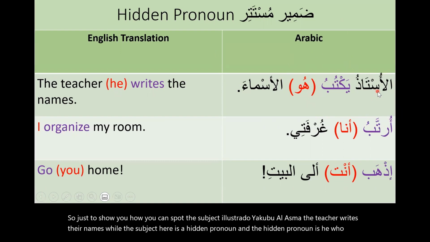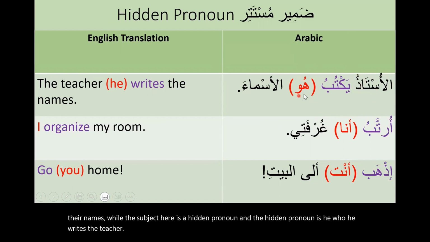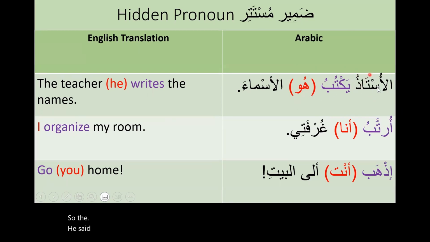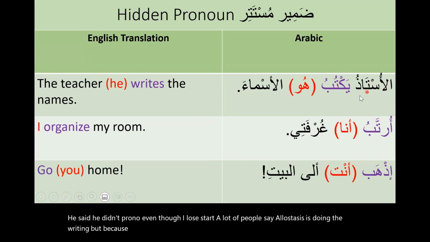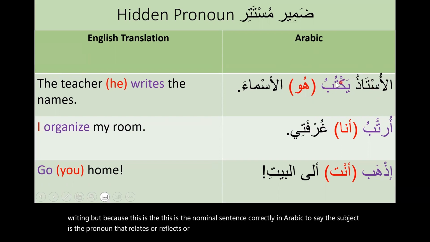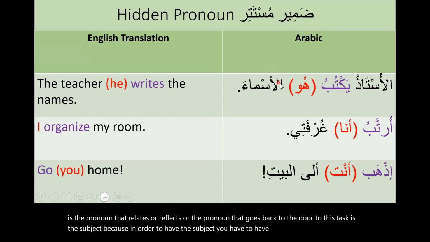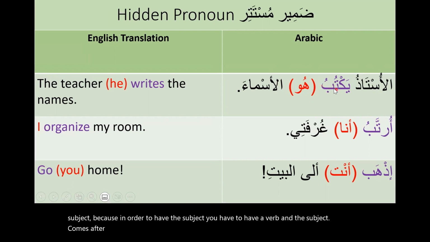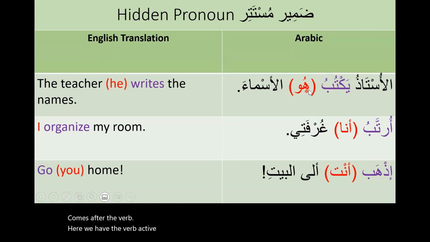He writes, the teacher. So the he is a hidden pronoun, even though a lot of people say al-ustad is doing the writing, but because this is the nominal sentence, correctly in Arabic we say the subject is the pronoun that goes back to the doer, to the ustad. Because in order to have the subject, you have to have a verb, and the subject comes after the verb. Here we have the verb yaktib and then huwa. This is the subject. All right?